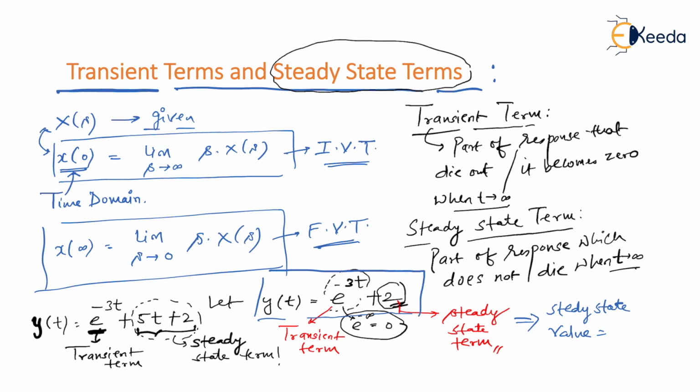I repeat, steady state value means you want the mathematical or numerical value when t tends to infinity. In this y of t, in the first problem, if you substitute t equal to infinity, this term will become 0 and what remains is 2. Then I would say steady state value equals 2.